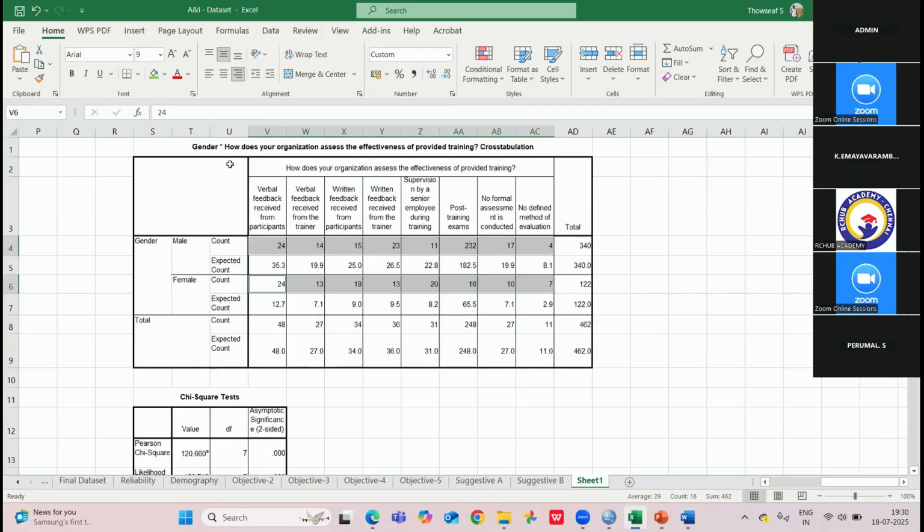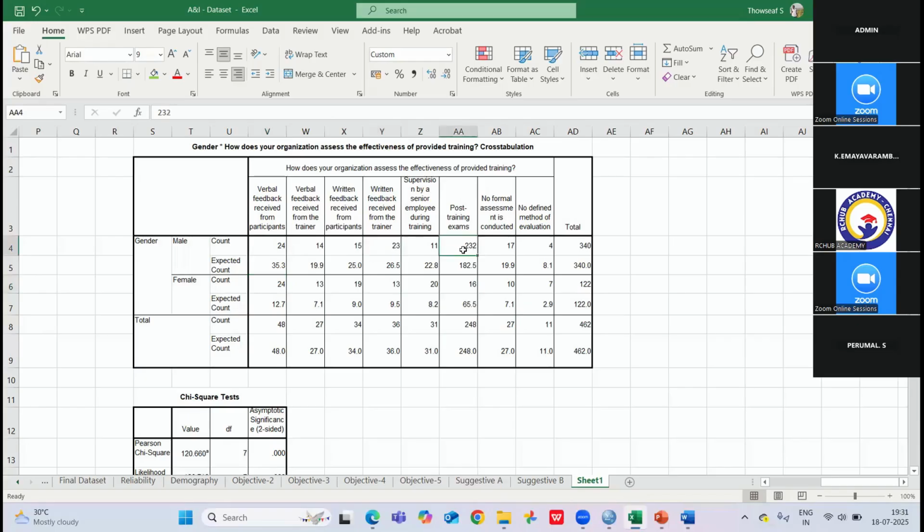With respect to male, out of 340 males, the majority understand the effectiveness of the provided training using written feedback received from the trainer. Whereas among females, it is a little bit contradictory. They say that they get verbal feedback from the participants instead of the trainer. Both male and female say they get verbal feedback from the participants, followed by the second highest, written feedback from the trainer.